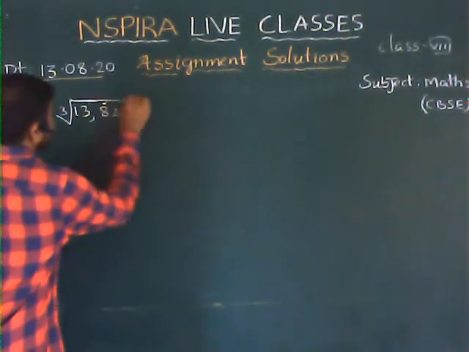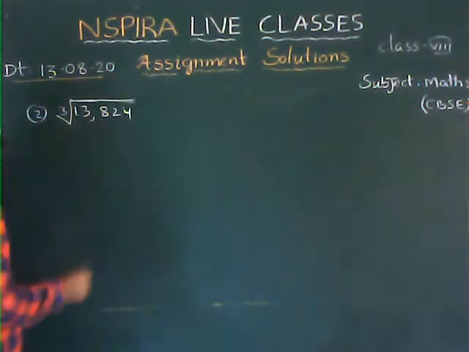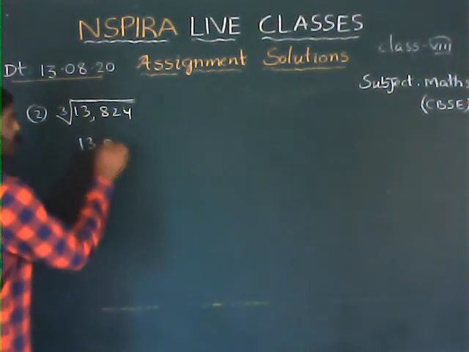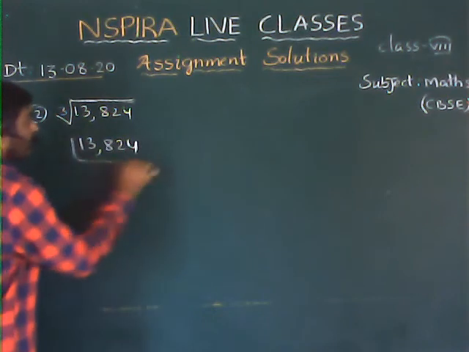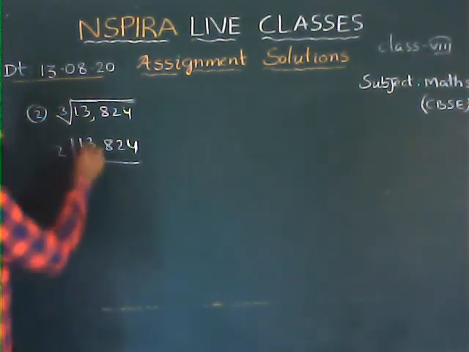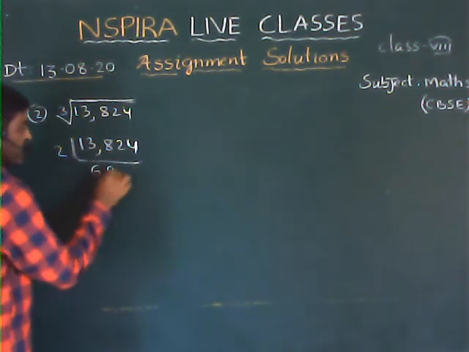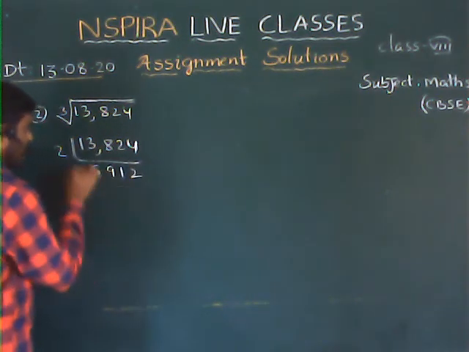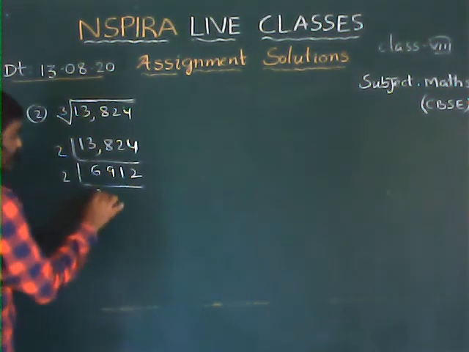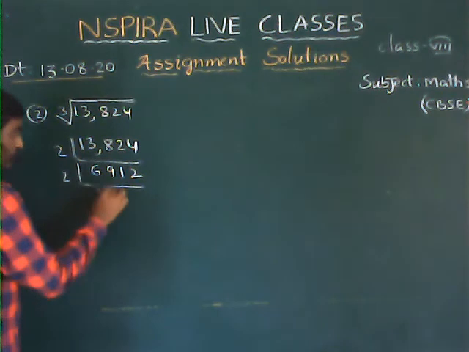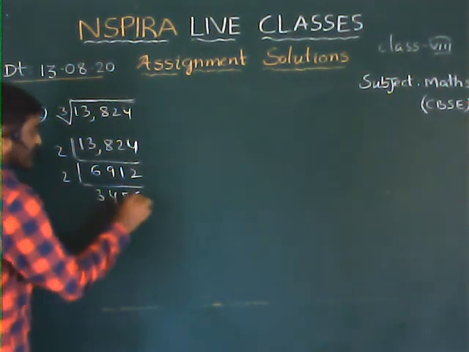Now let us do the prime factorization. 13,824. First divide with 2. 2 6s are 12, 1 will be left, 18, 2 9s are 18. 2 1s are 2, 2 2s. Again with 2. 2 3s are 6, 2 4s are 8, 2 5s are 10, 6.